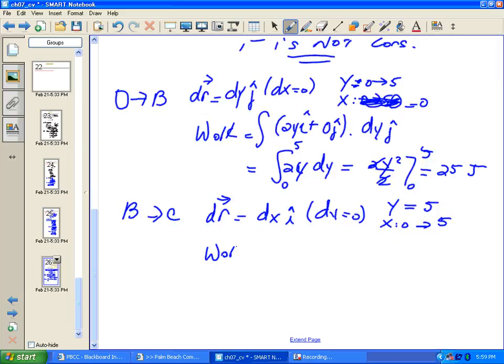So the work done is equal to 2 times y, with y equal to 5, 2 times 5 i hat plus x squared j hat, and that gets dotted with dx i hat.